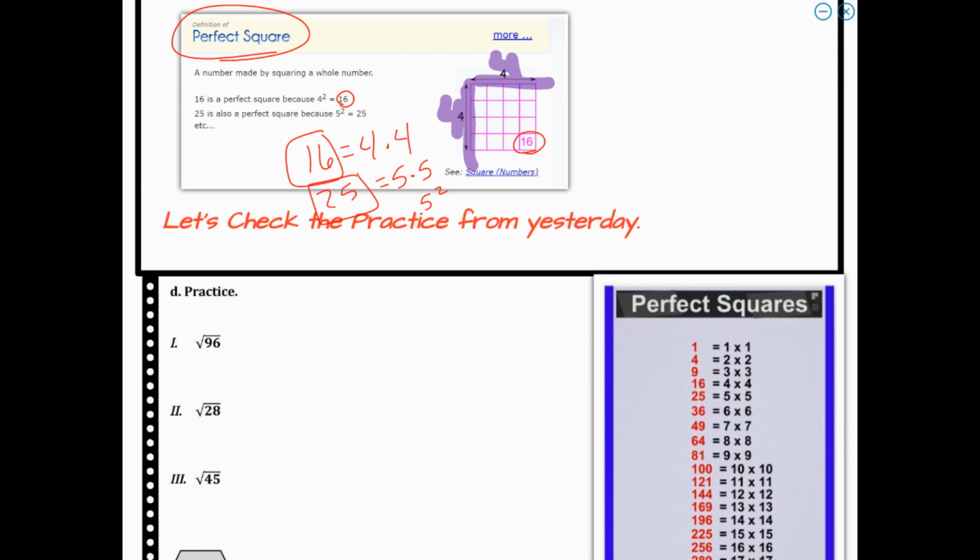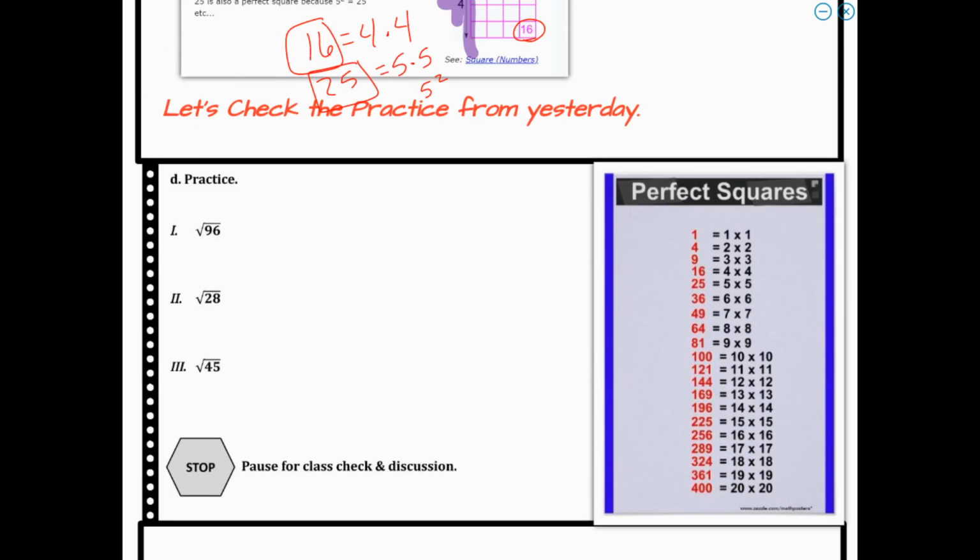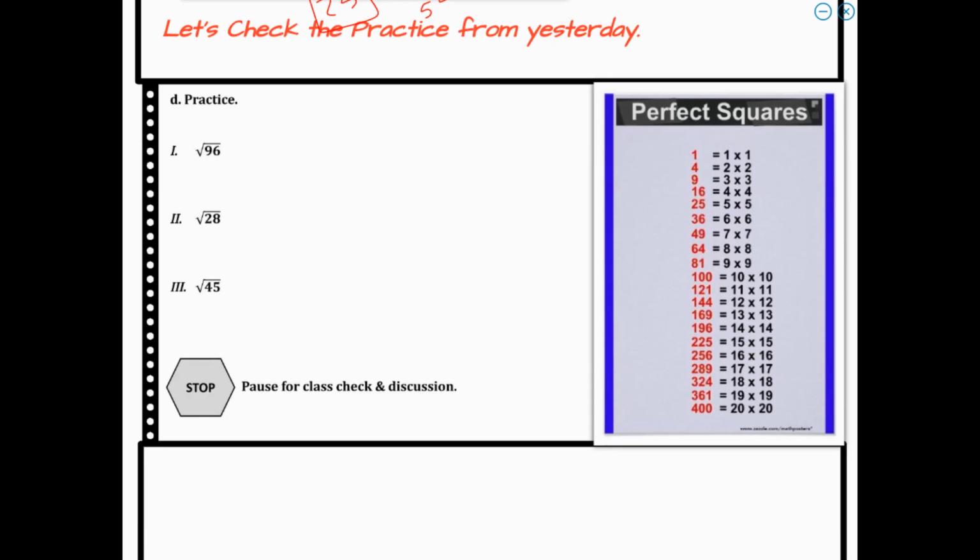So on yesterday's problems, here is this list of perfect squares. You guys don't necessarily have this list, but I'm showing it to you. I did post this picture on Google Classroom if you wanted to look at it. So yesterday we were asked to find the greatest perfect square factor of our number here.